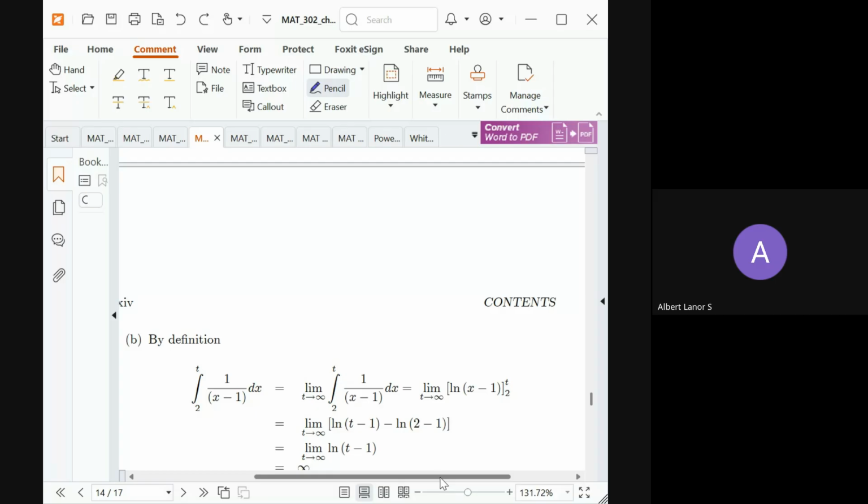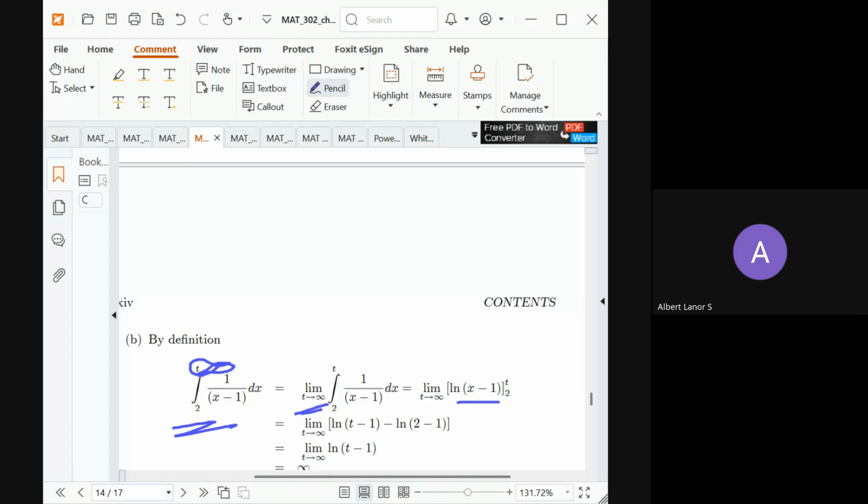So the second example too, we are going to integrate 1 over x minus 1 from 2 to t, where the upper limit should be infinity. Then you take from 2 to t and find the limit as t goes to infinity. Now, when you integrate 1 over x minus 1, you have ln of the denominator.